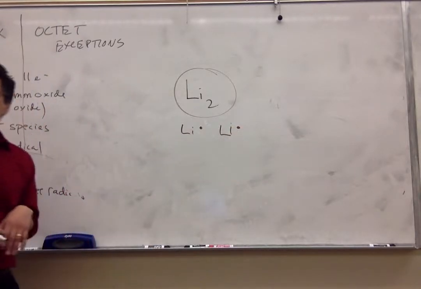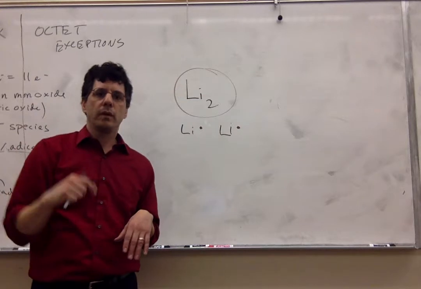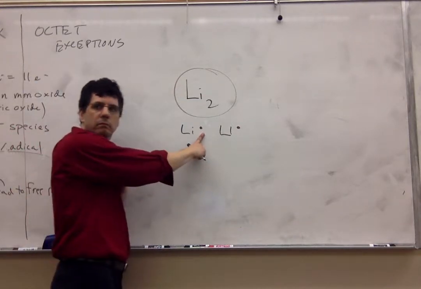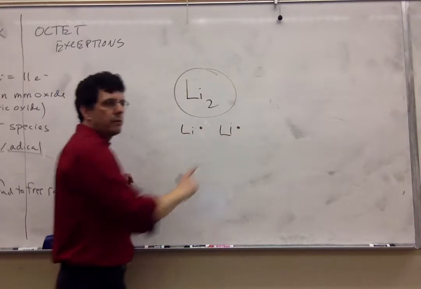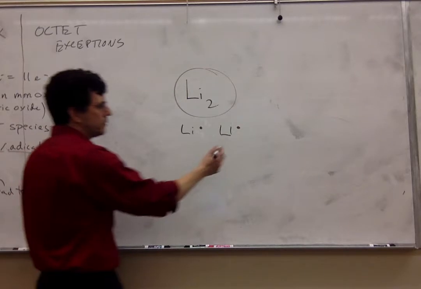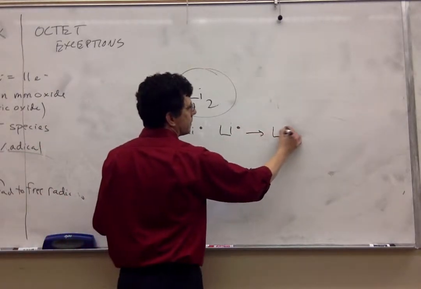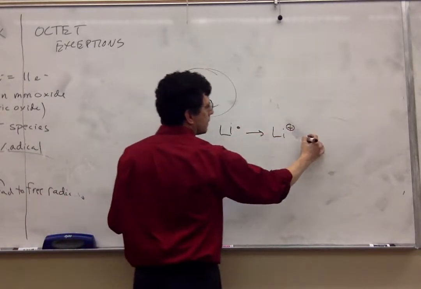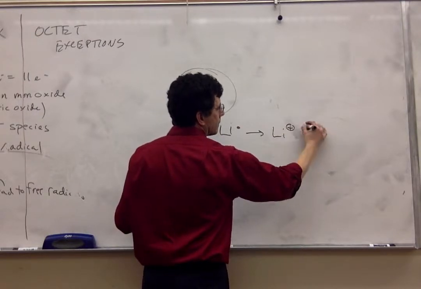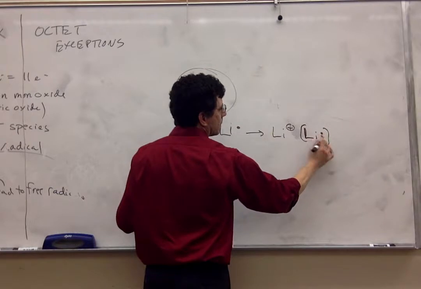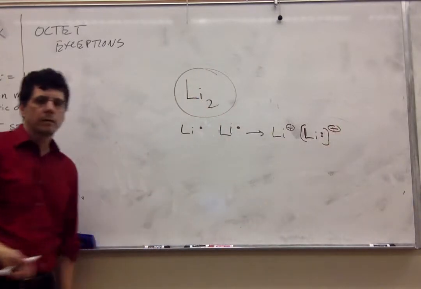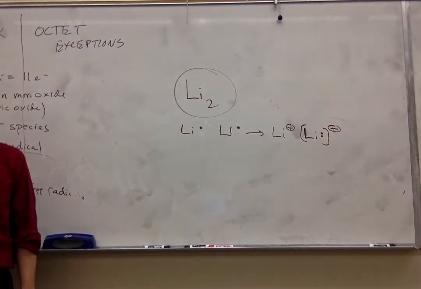Lithium, column 1, 1 valence electron. If we want to propose an ionic structure, one lithium could donate an electron to the other, and we get charges. So we do something like this. Just transfer a charge.